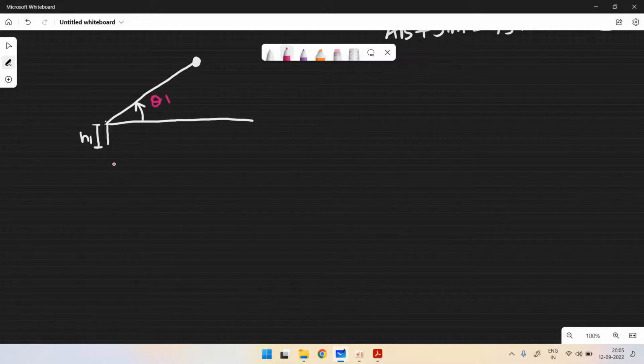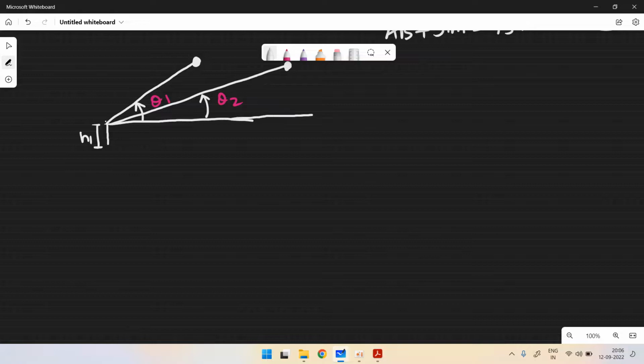Now after t1 seconds, this angle reduces to theta 2 degree, and this balloon is moving in horizontal direction with no change in the vertical direction.